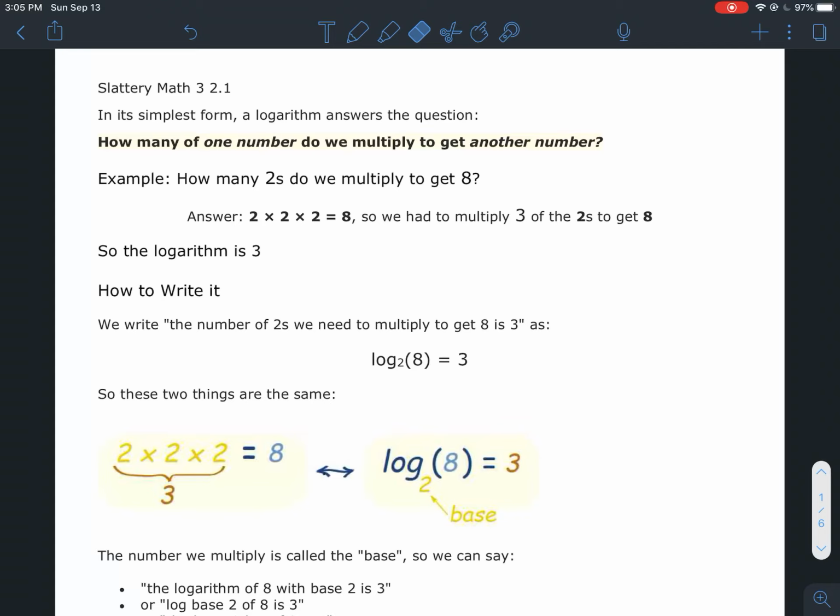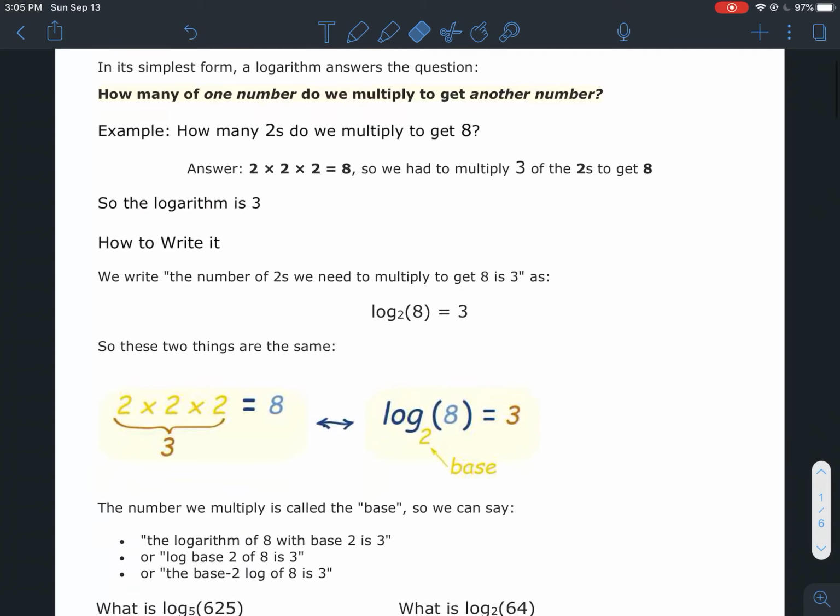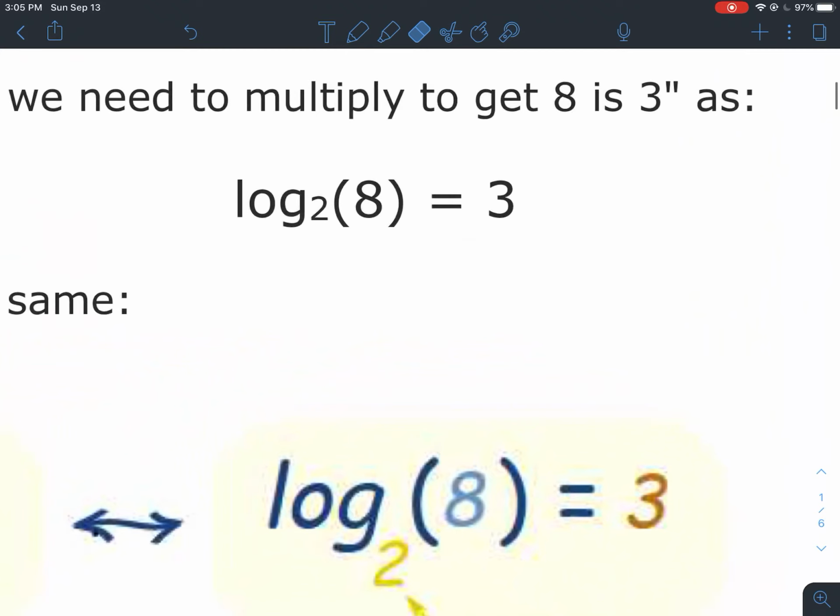So in its simplest form, a logarithm answers the question, how many of one number do we multiply to get to another number? Example, how many 2's do we multiply to get 8? We need to multiply 3 2's to get to 8, so the logarithm is 3. The way that we would write this is log base 2 of 8 equals 3.